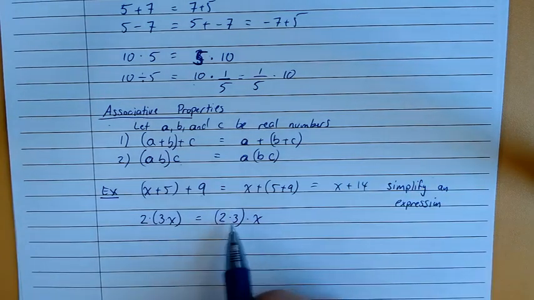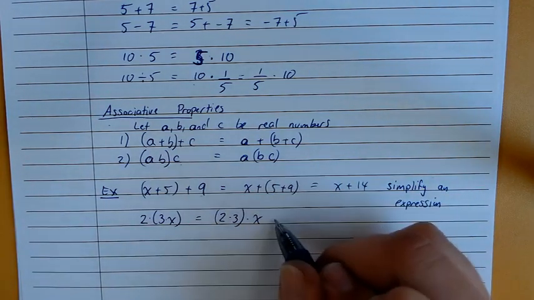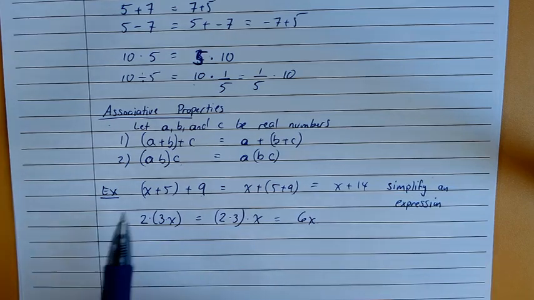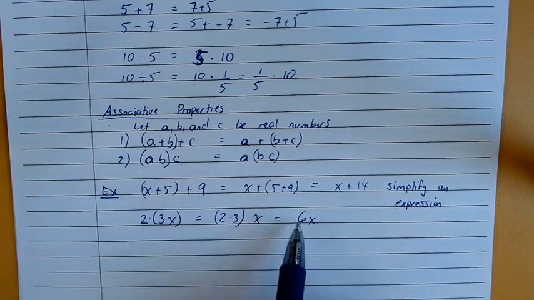And that I know how to do. 2 times 3 is 6 times x. 6x. Like that. So the associative properties can be used to simplify expressions where the operations that were originally there could not be done. But by rearranging, you get something that can be reduced down to a smaller, simpler expression.